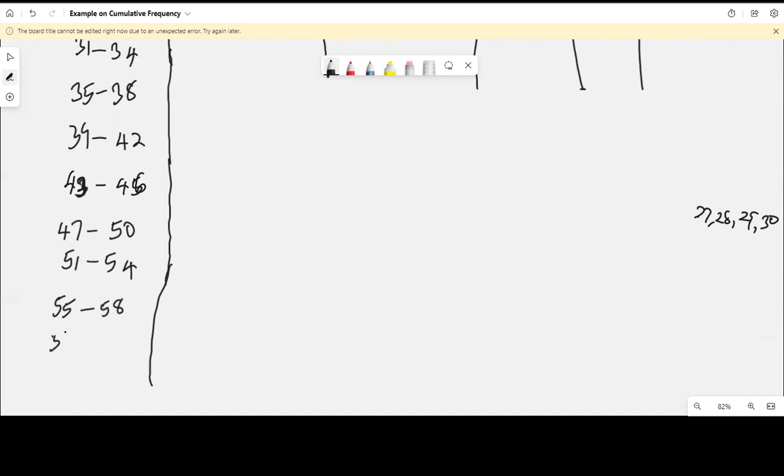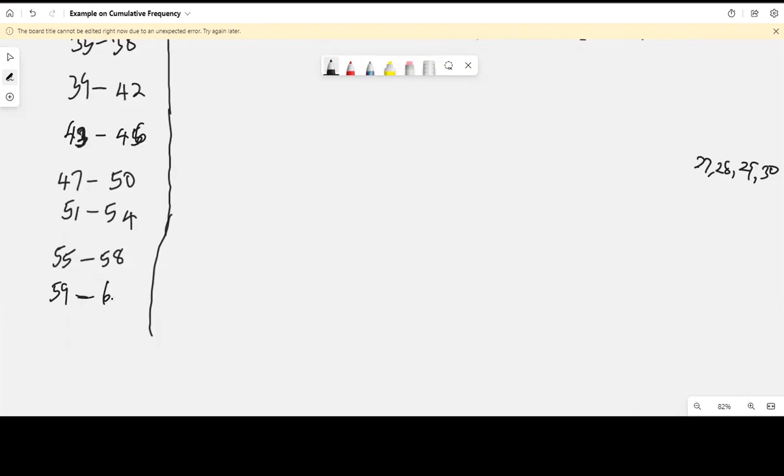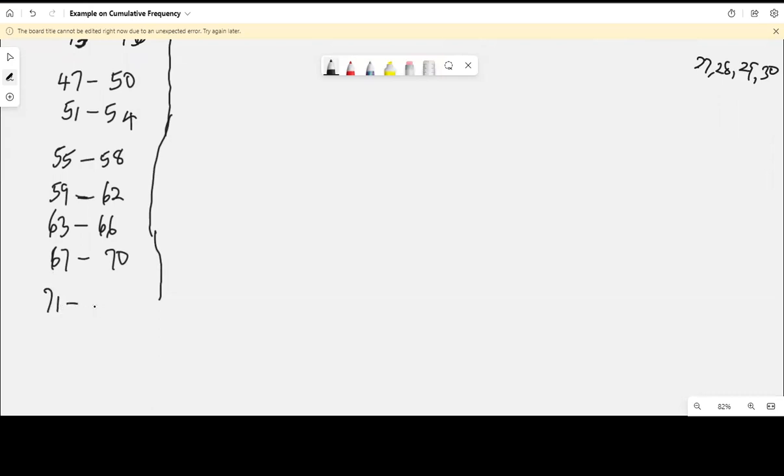Next should be 59, 60, 61, 62. Then 63 to 66. Then 67 to 70. Then 71 to 74.